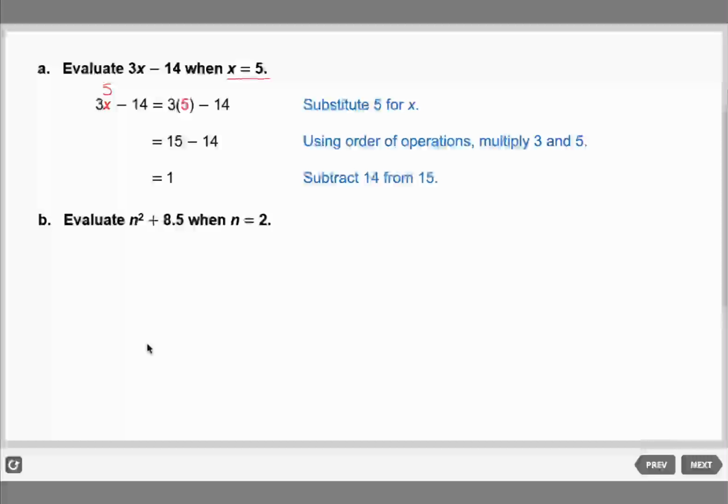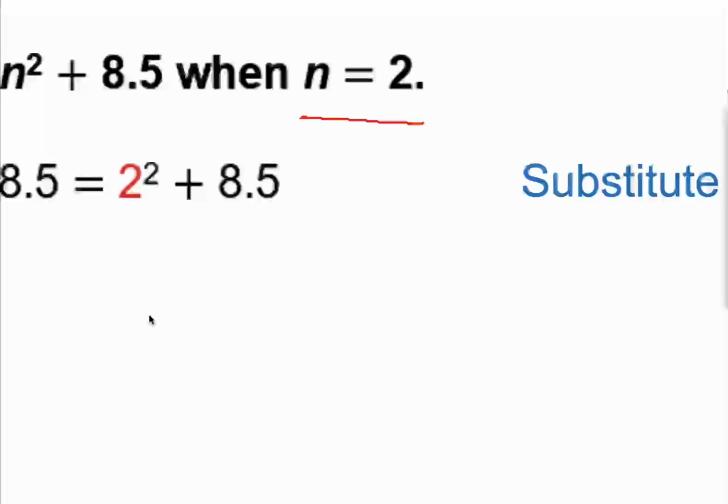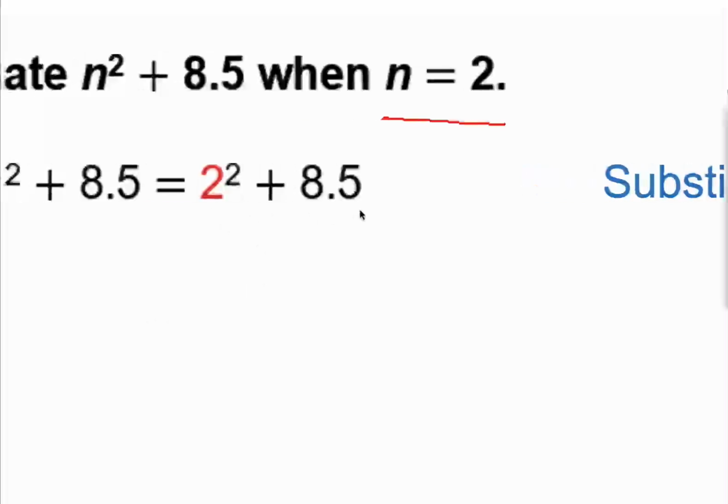Let's see another one. Evaluate n squared plus 8.5 when n equals 2. Simply, we will substitute 2 for n. But what is n squared? N squared, or n to the power 2, means n multiplied by n. So we write 2 instead of n: 2 to the power 2 plus 8.5.